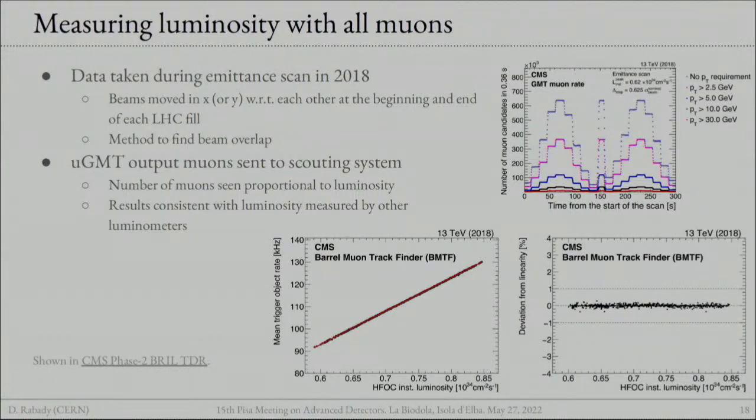The scouting system was recording all output muons by the micro global muon trigger, and we could see that the number of muons was proportional to luminosity. This is this plot here, and it nicely corresponds to other luminometers of the CMS collaboration. So this was a nice result.